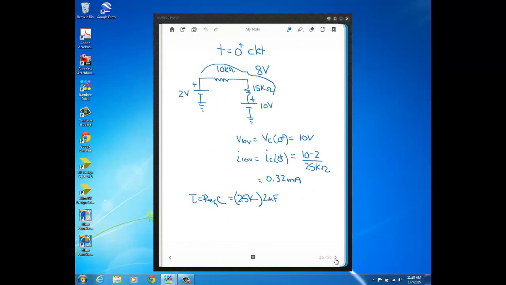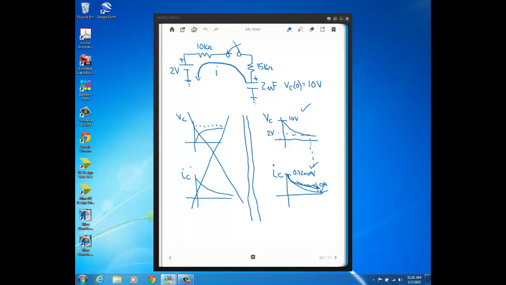All right, so that's going to give us a tau of 50 milliseconds. And then 5 taus is just 250 milliseconds, which is a quarter of a second. So the time from t equal to 0 out to steady state is a quarter of a second.